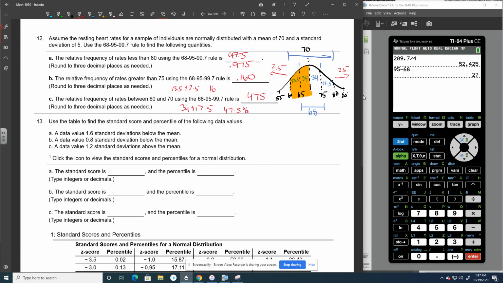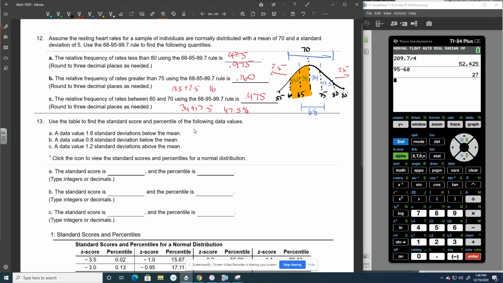That's my relative frequency. So we've just got to break it up into the sections that we know and add those percentages for each section together.